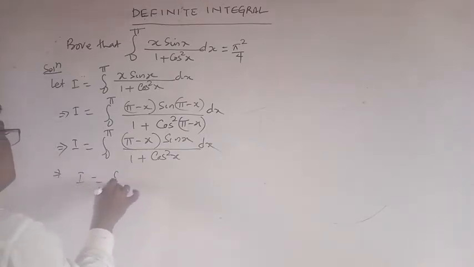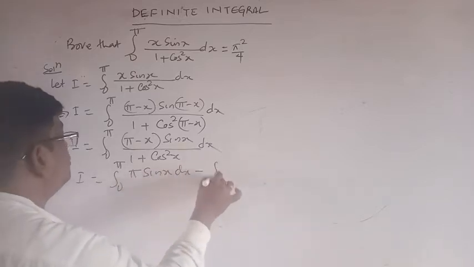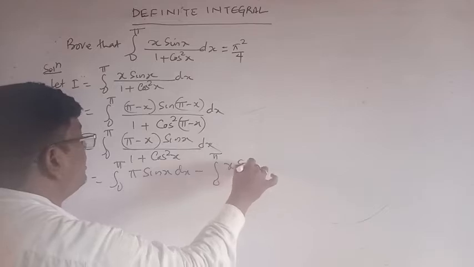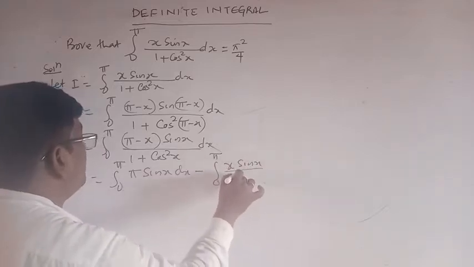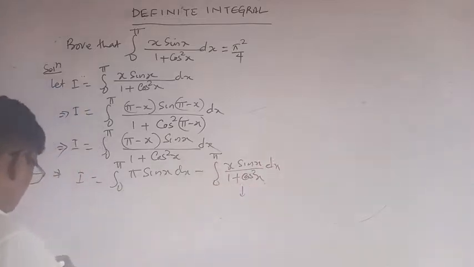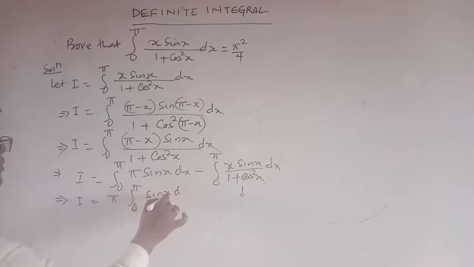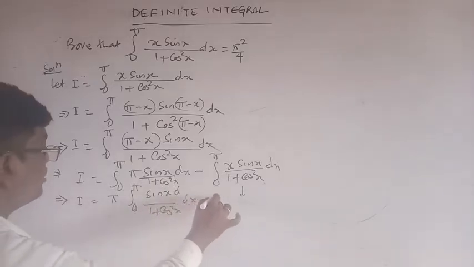I is equal to pi integral 0 to pi sin x dx divided by 1 plus cos square x, minus integral 0 to pi x sin x divided by 1 plus cos square x dx. This is I. Now pi is common here.